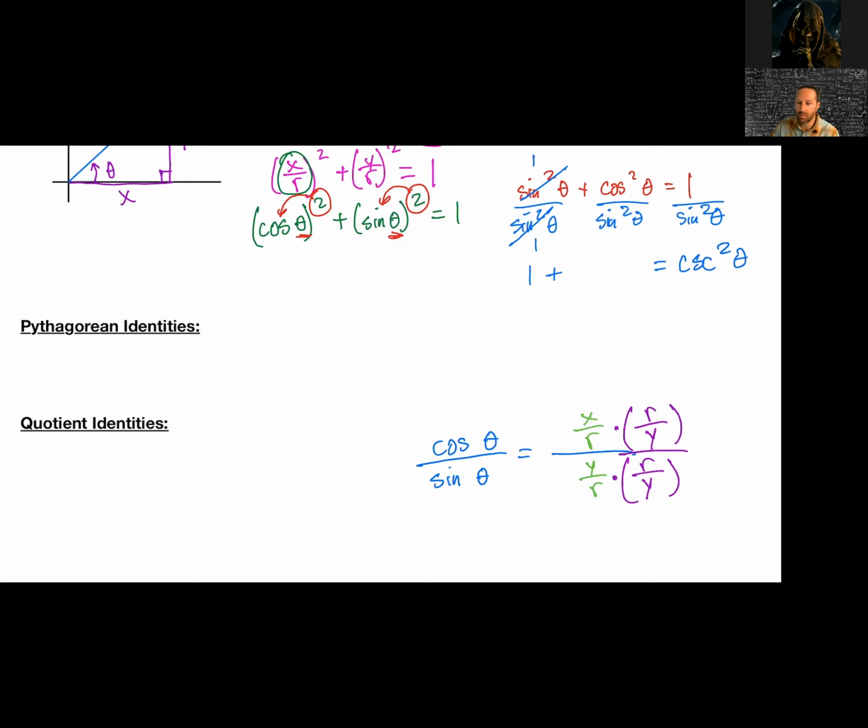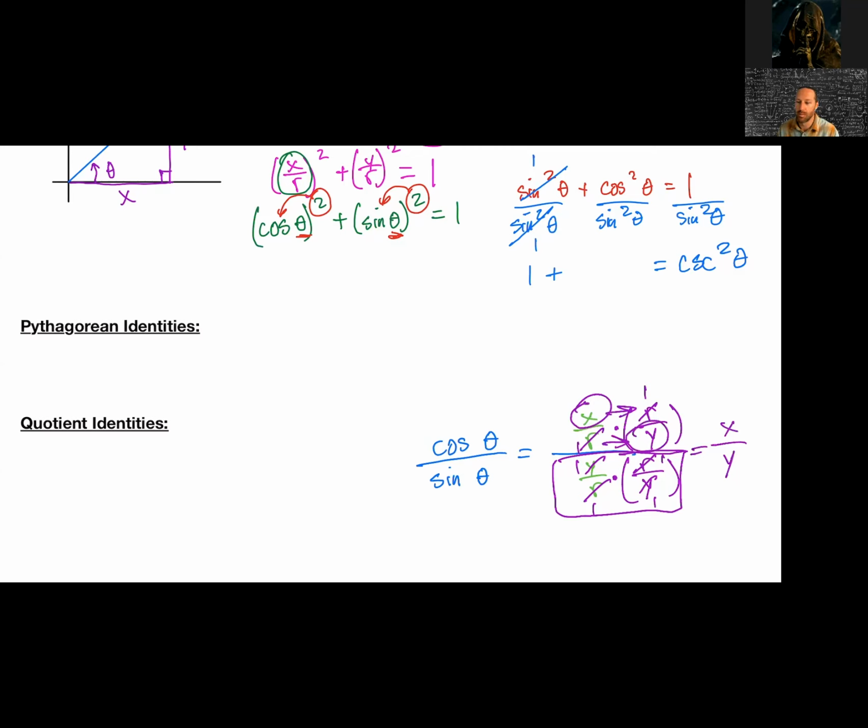r over y instead of y over r, because r over r cancels and y over y cancels to be a 1. Now, when I divide by 1, we can forget about it and just concentrate on the top. And notice what else is going to cancel out for us. The r's, which means the only thing that's left on top and bottom when we multiply across is the x over y.